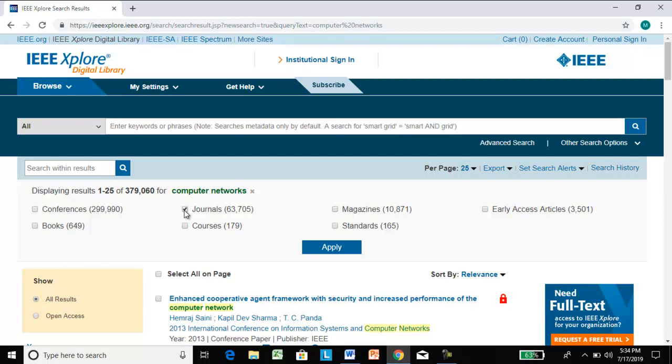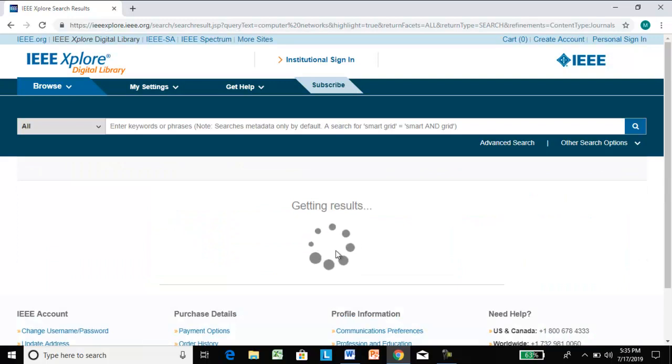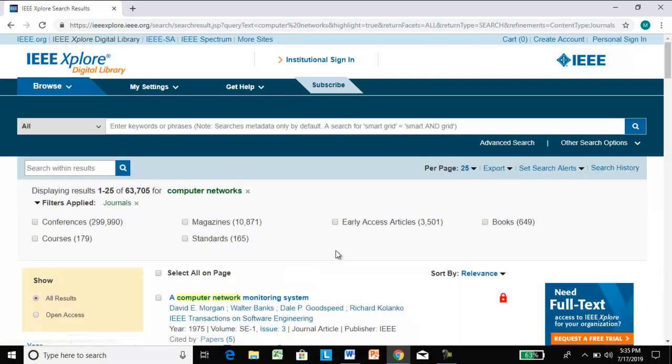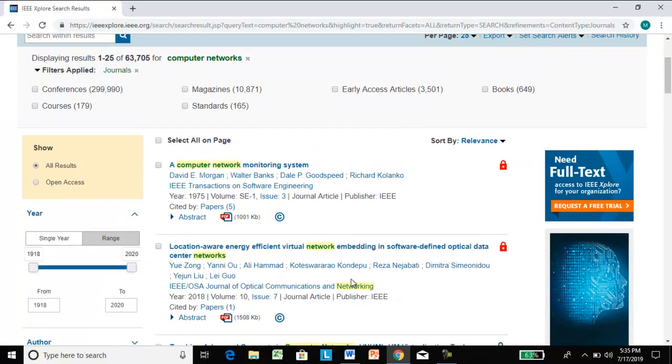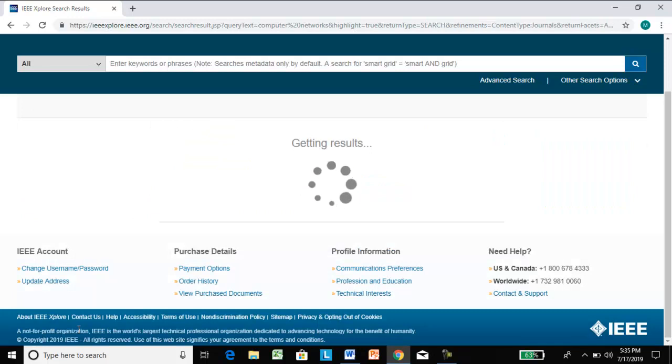Choose the latest papers so that you are updated with what you can do. I'm getting a number of papers here, and you can also apply a filtering mechanism to find the latest papers.